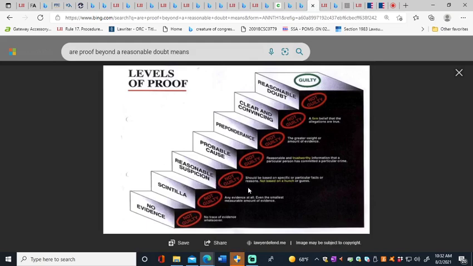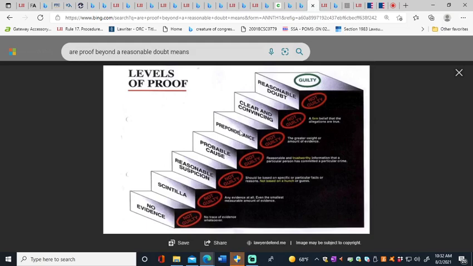Reasonable suspicion should be based on specific or particular facts and reasons, not on a hunch or guess. Not guilty. Probable cause: reasonable and trustworthy information that a particular person has committed a particular crime.